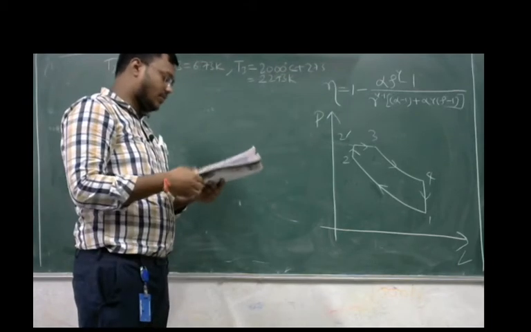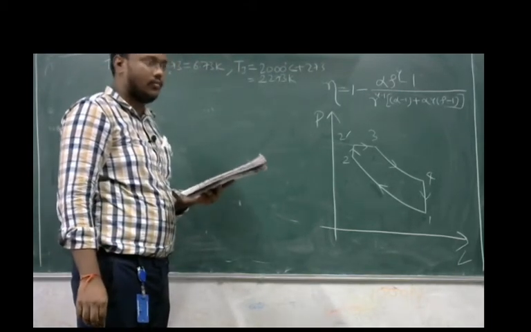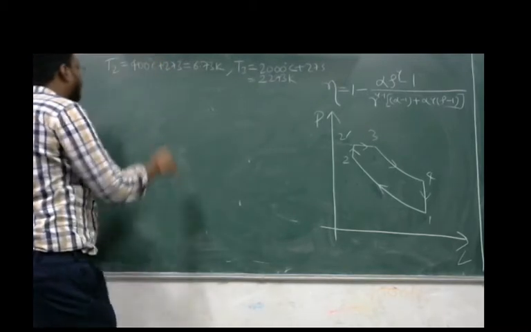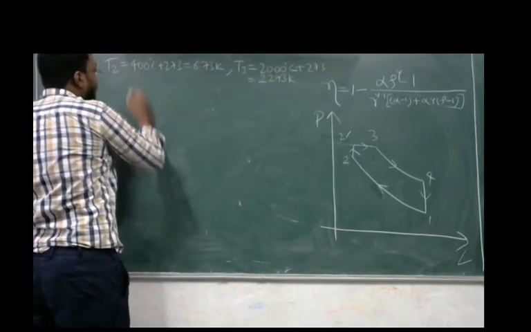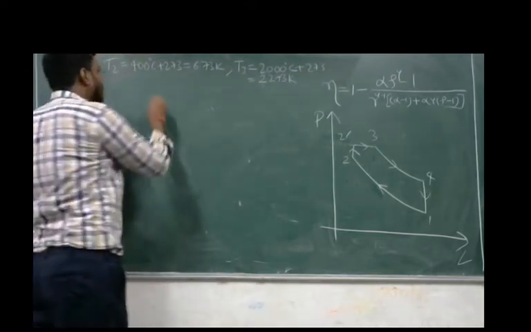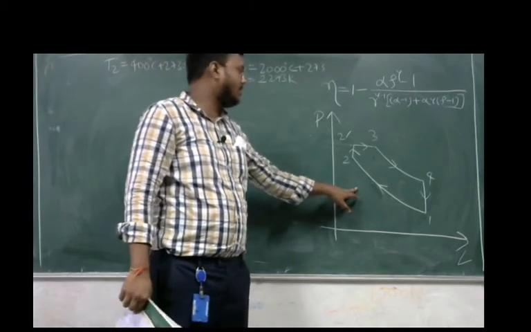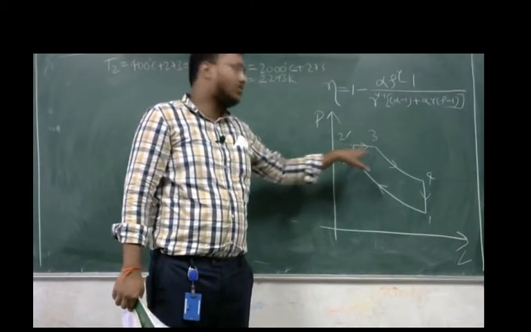The heat addition at constant pressure is 2.5 times the heat addition at constant volume. In a dual cycle you know that heat addition first takes place at constant volume, then at constant pressure.